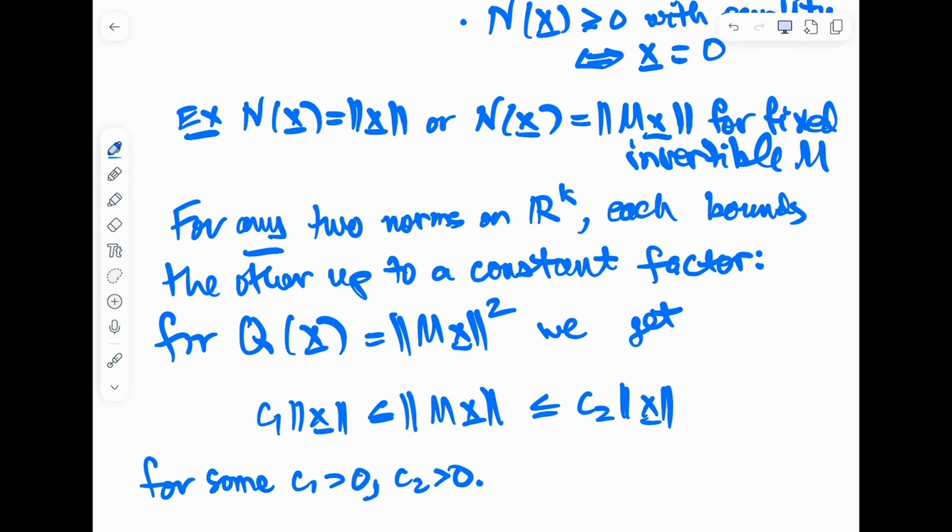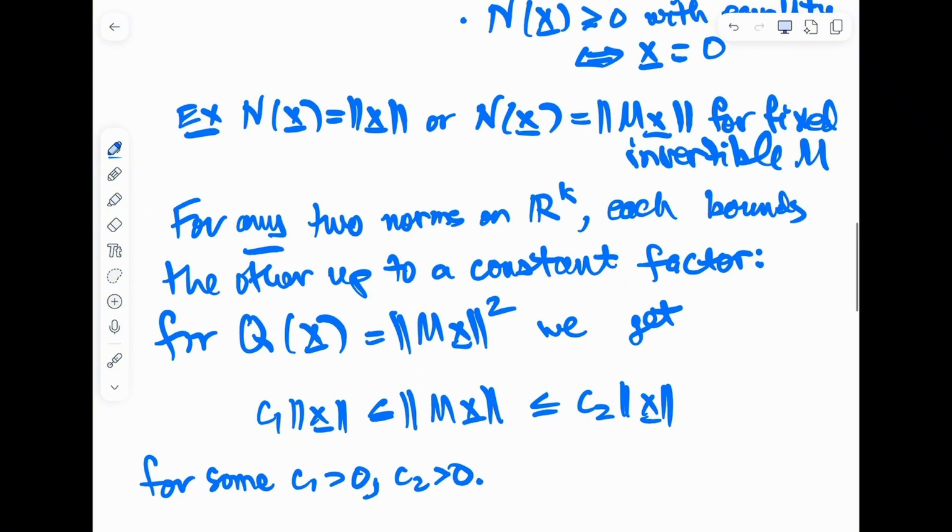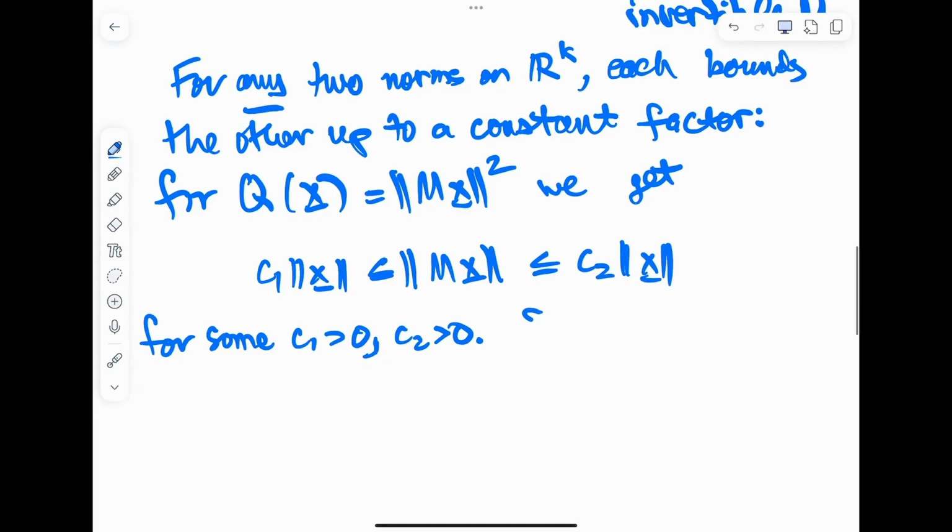So what's the point here? Well, what this means then is if I square everything, look at the squared length, then on the inside I get the quadratic form itself.